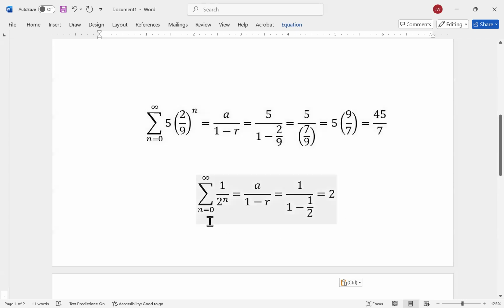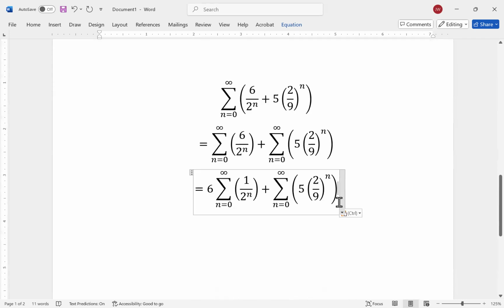And the infinite sum starting at 0 going to infinity of 1 over 2 to the n was 2. So this second infinite series, I know, adds up to 45 over 7.